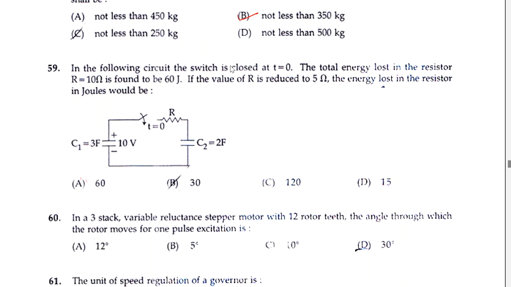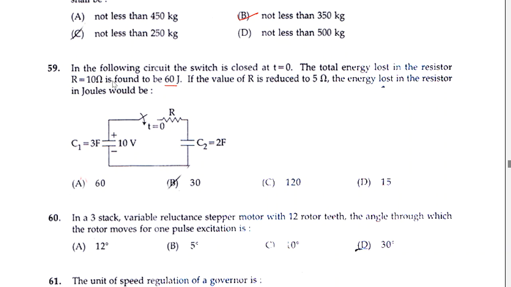Next one. In the following circuit, the switch is closed at t equal to 0. The total energy lost in the resistor R equal to 10 ohms is found to be 60 joules. If the R value is reduced to 5 ohms, the energy lost in the resistor in joules would be.